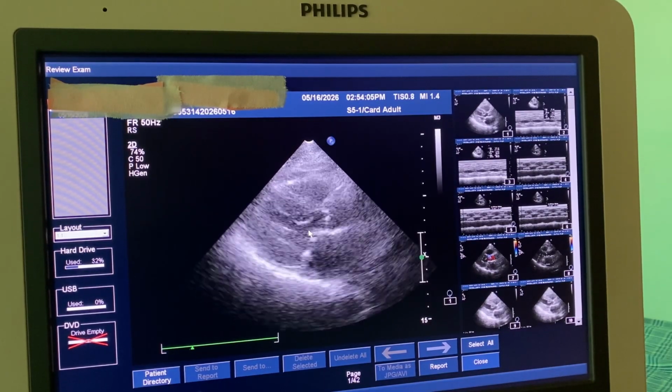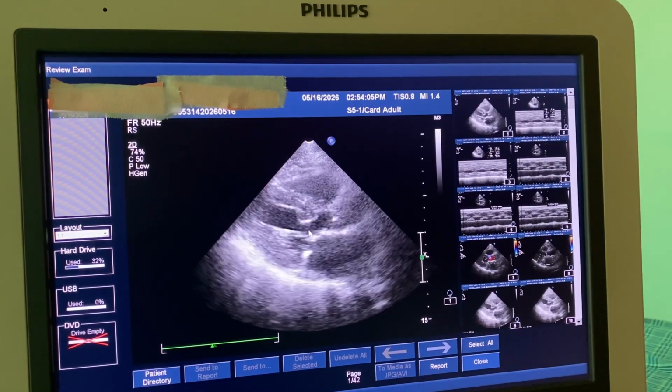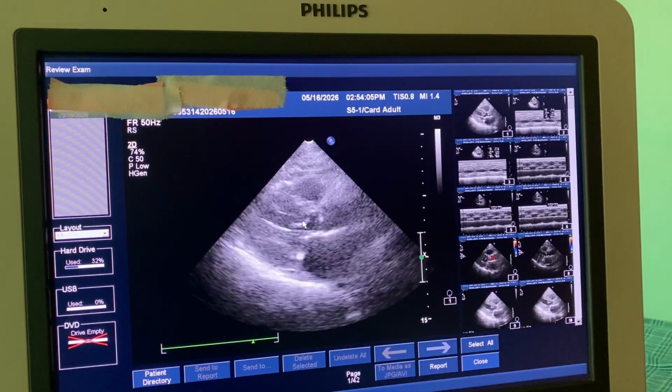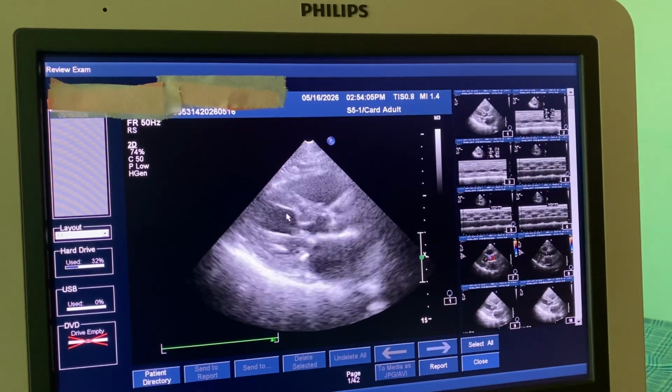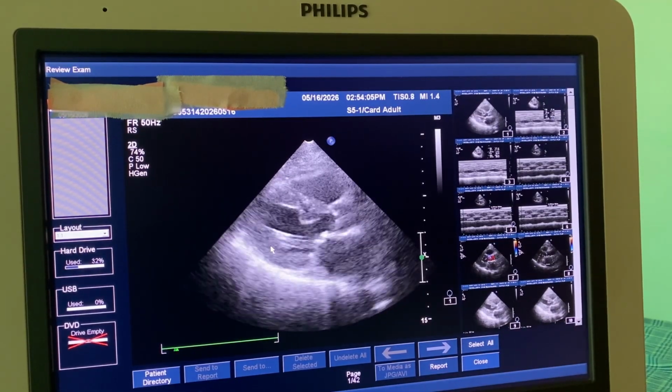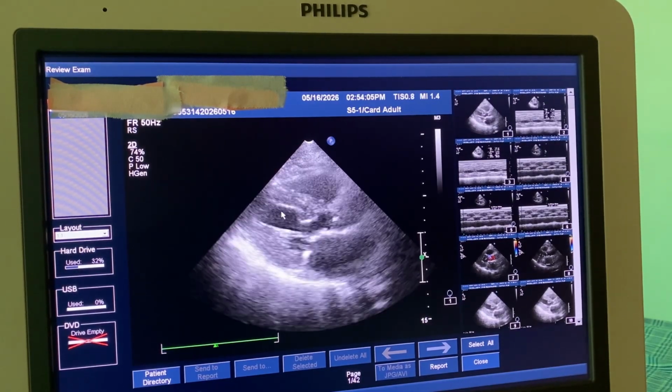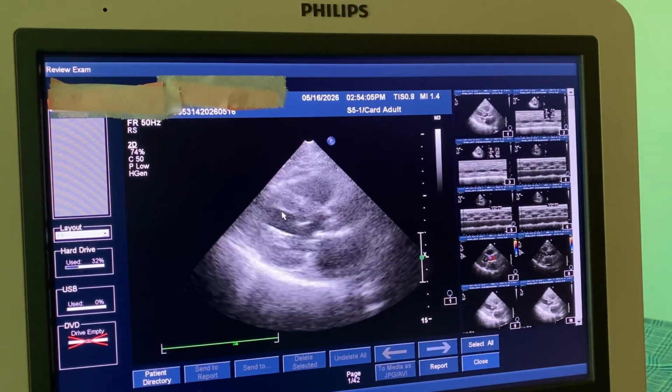Concentric hypertrophy is when the cavity size reduces. There is hypertrophy of the ventricular walls, like the interventricular septum and the posterior wall. They become thick, but the thickening goes inside, taking away the ventricular cavity.